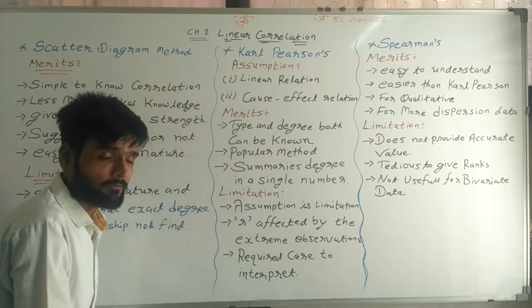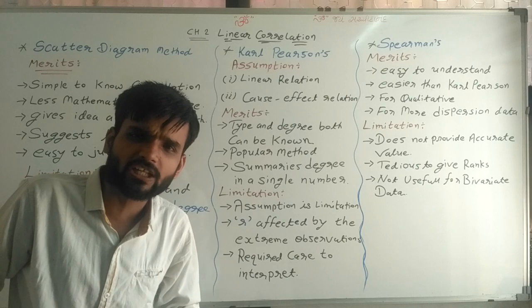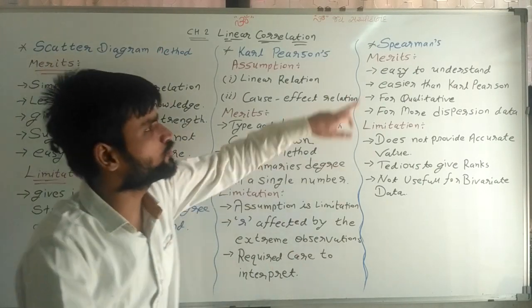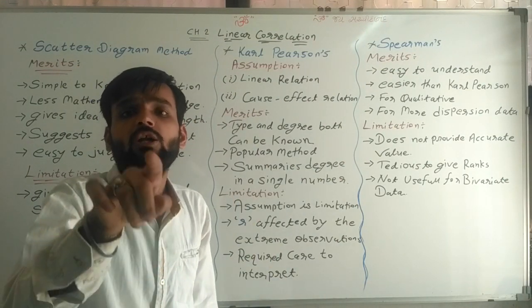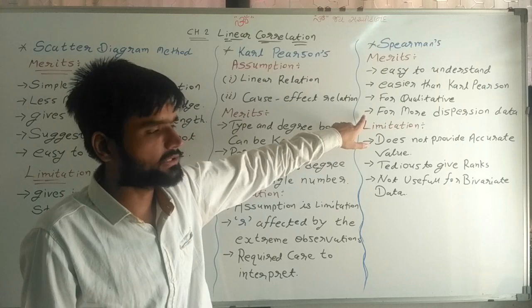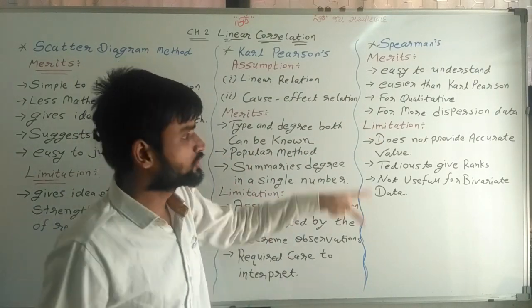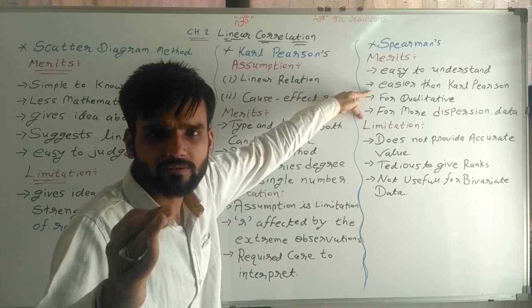To eliminate this, whenever this type of data is given, with far data and extreme observations, it is compulsory to use the Spearman method, because that method is applicable when dispersed data are given. So what are the two important merits?